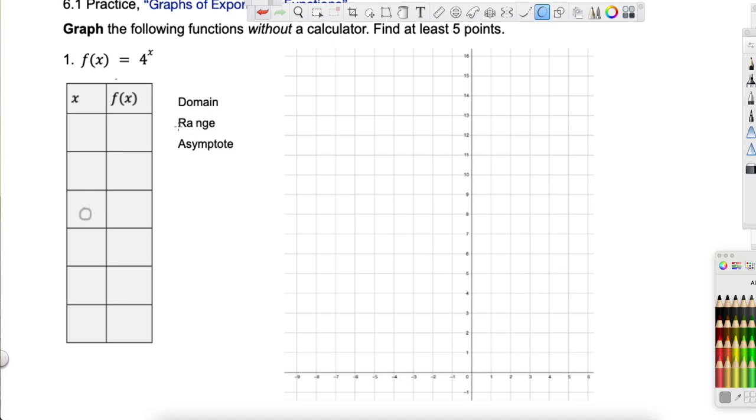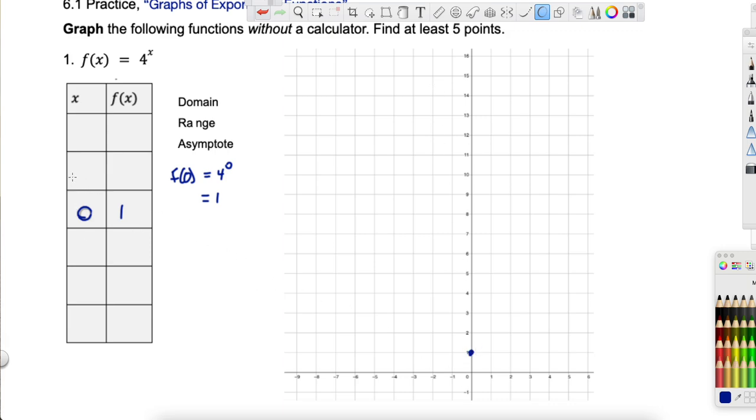Any base number to the 0 power is going to be 1. So f of 0 equals 4 to the 0, we get 1. So we've got 0, 1. That's our anchor point. It crosses the y-axis at 1.